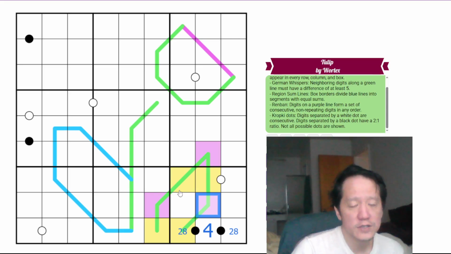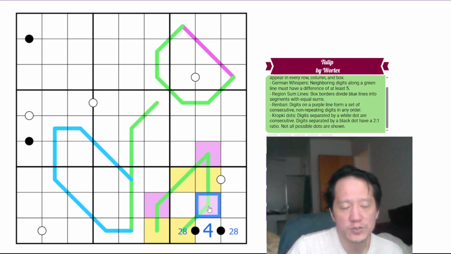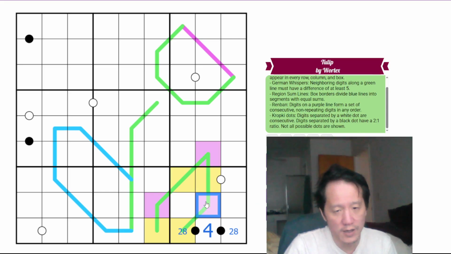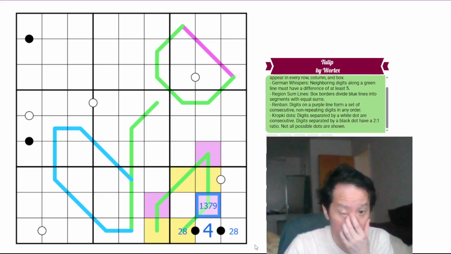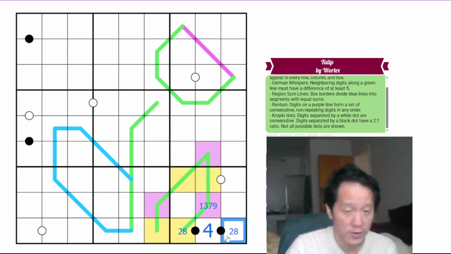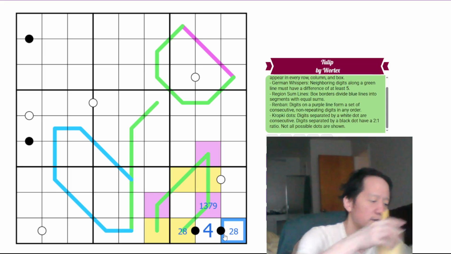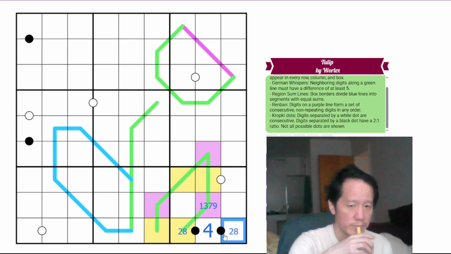That means this must be between 2 unique digits. So it cannot be 6, obviously. It can't be 1. It has to be 1, 3, 7, or 9. It cannot be 2 or 8 because of the 2-8 pair in the box.